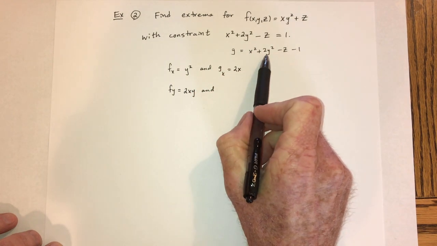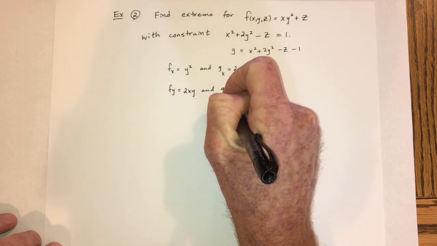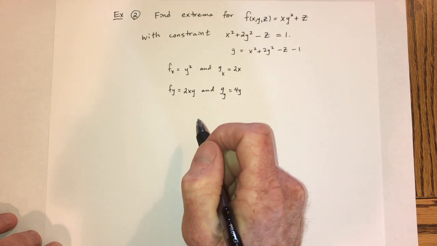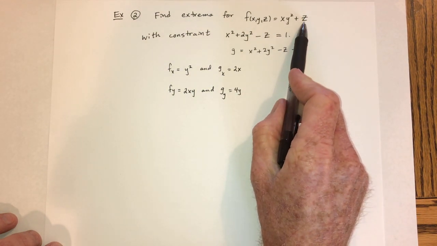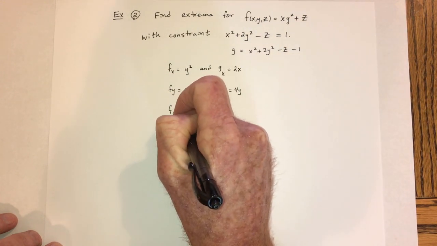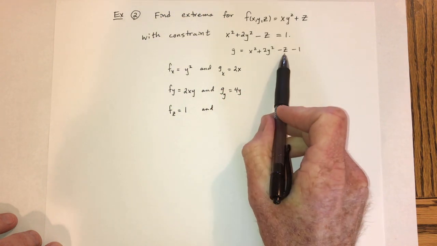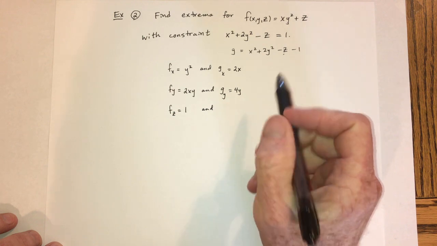And for this one, the derivative is going to be 4y. Then on to the derivative with respect to z. So here, that's just going to be a 1. And for this one, it's going to be a negative 1.